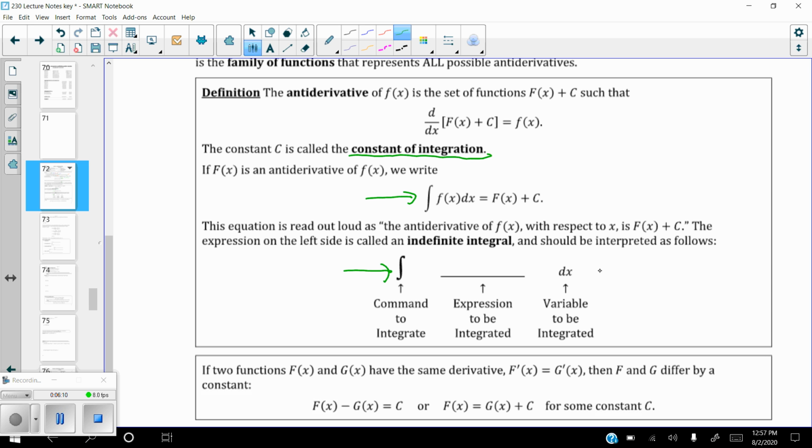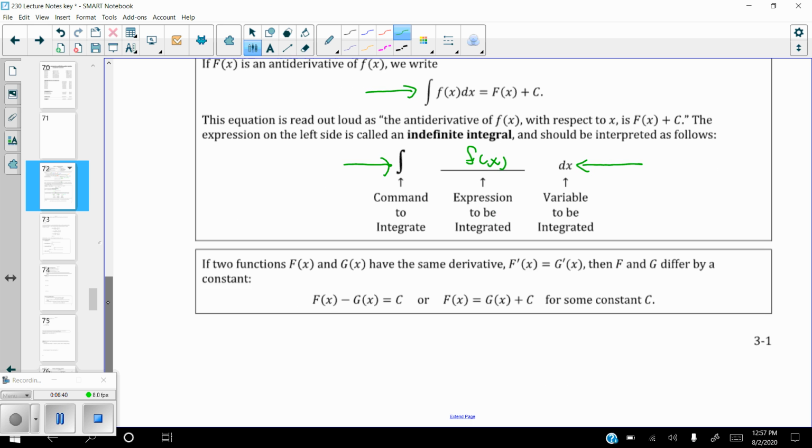The dx that you saw in the problem above is the variable to be integrated. Technically, the dx is a change of x, and I'll get much more in depth with this when we start talking about areas. And then the expression to be integrated is found in the middle, which in this case was our lowercase f of x.